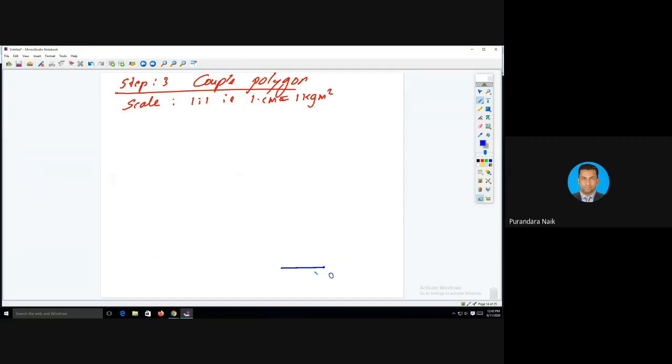This is 1.6 centimeter. After that, we mark this point as A. This is minus 1.6, an exactly horizontal line, which means it is 0 degree.